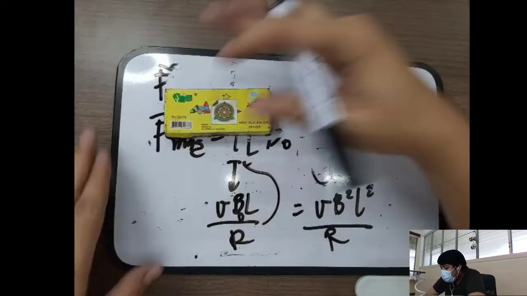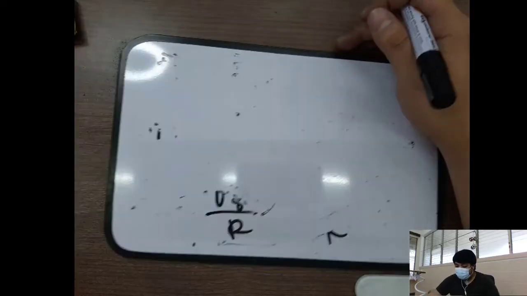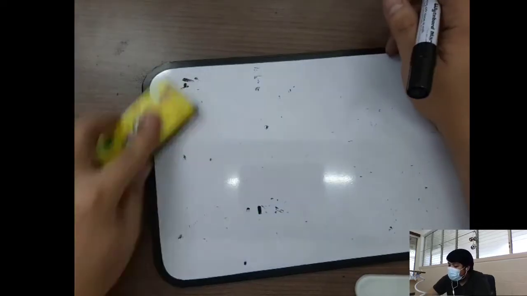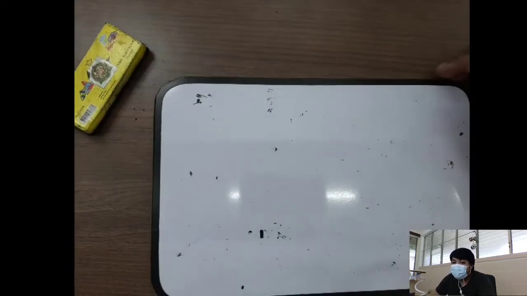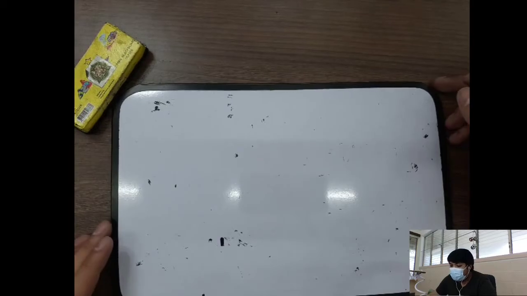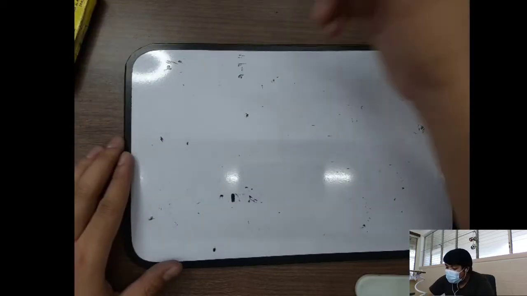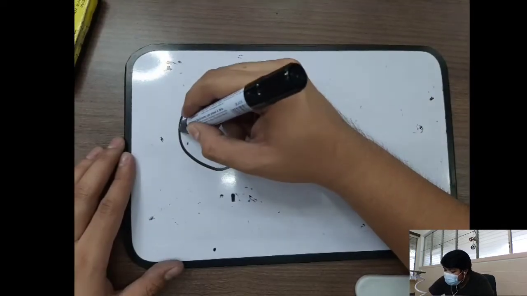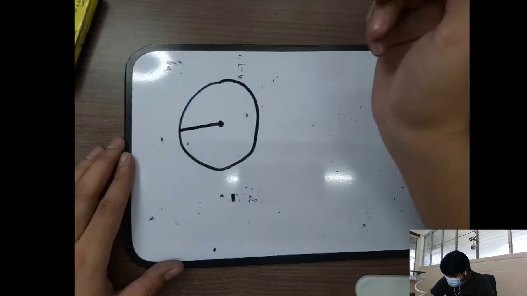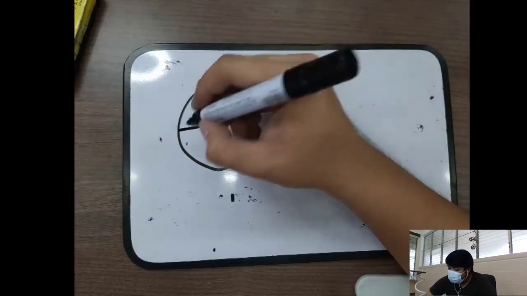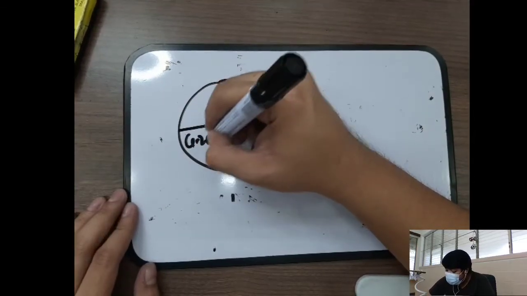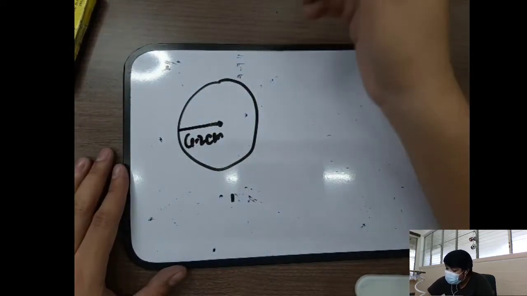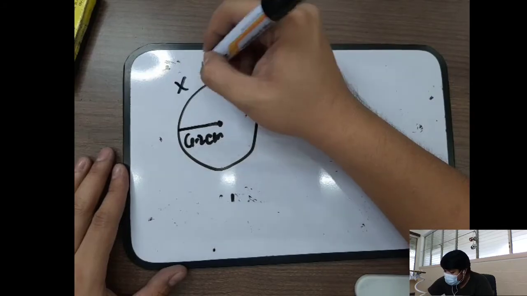So let's have an example here. I hope you can see. Yeah, perfect. Let's draw a ring here. Let's say this wire ring has a diameter of 6.2 centimeters, and there is a magnetic field here.